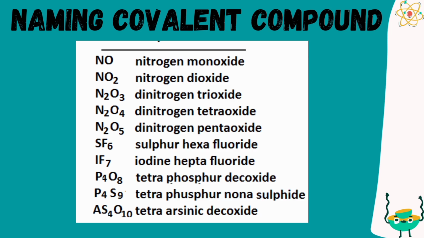Okay, let's check if your answers are correct. For NO, we have nitrogen monoxide, NO2 nitrogen dioxide, N2O3 dinitrogen trioxide, N2O4 dinitrogen tetraoxide, N2O5 dinitrogen pentaoxide, SF6 sulfur hexafluoride, IF7 iodine heptafluoride, and so on and so forth.